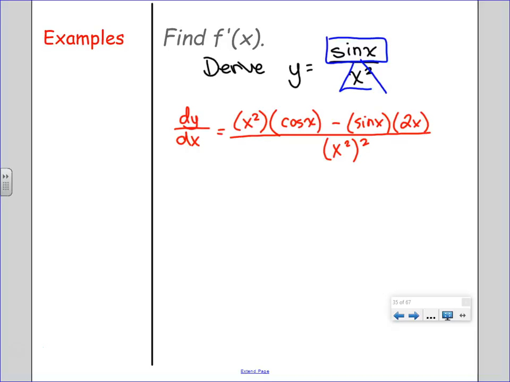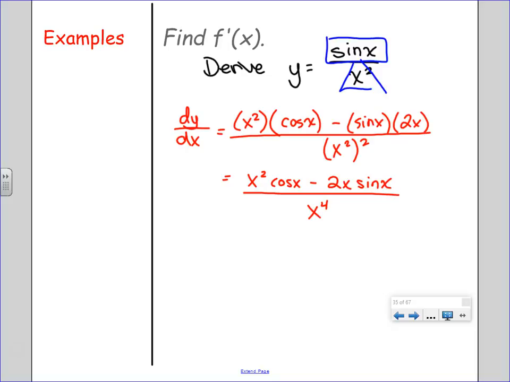If I were to rewrite this, x squared cosine x minus the 2x comes in front. Why does the 2x have to come in front and it cannot stay next to the sine of x? Is 2x in a sine? We have to keep them separate. Now what? We're done.